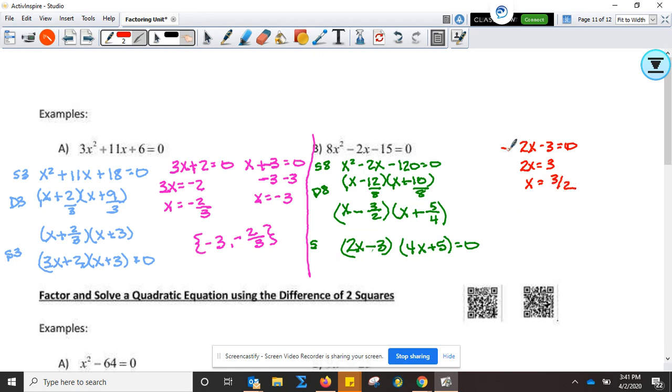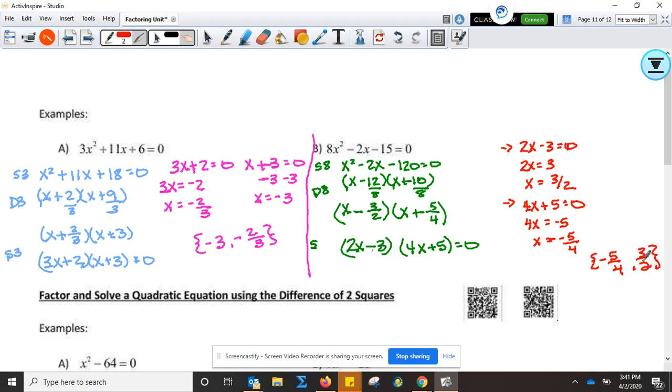Okay, now for the second one. 4x plus 5 equals 0. Subtract 5. 4x equals negative 5. X equals negative 5/4. So then your solution would be negative 5/4, comma 3/2.